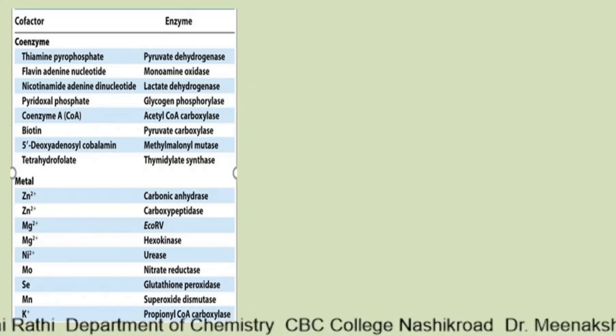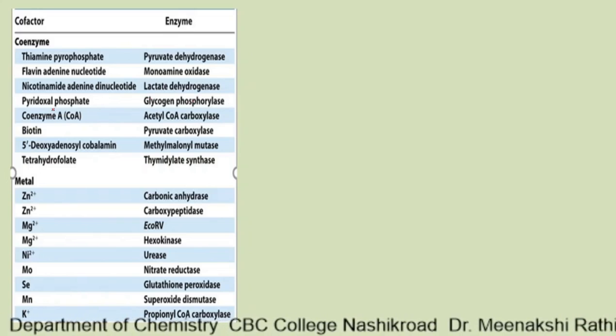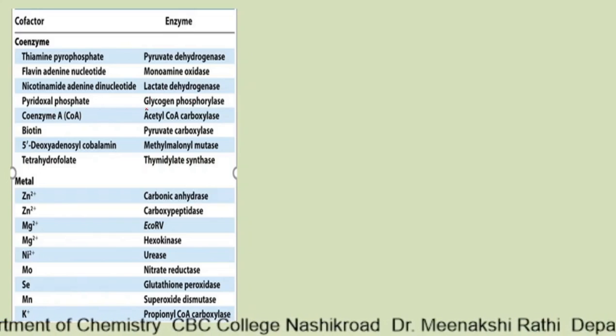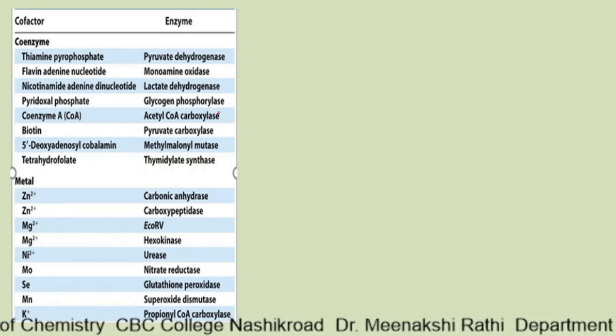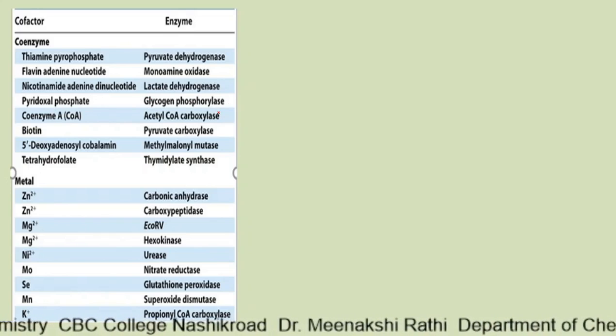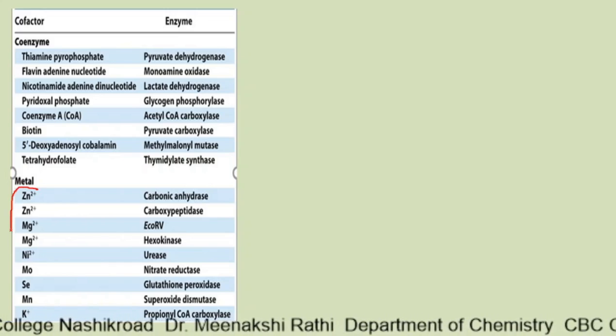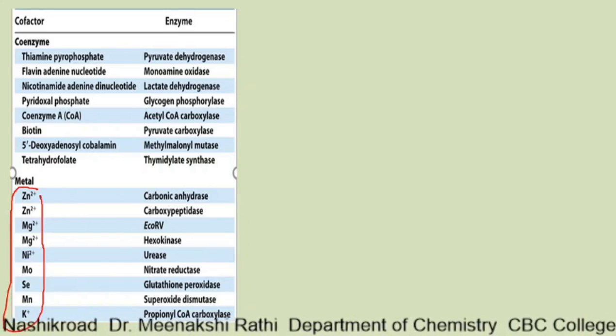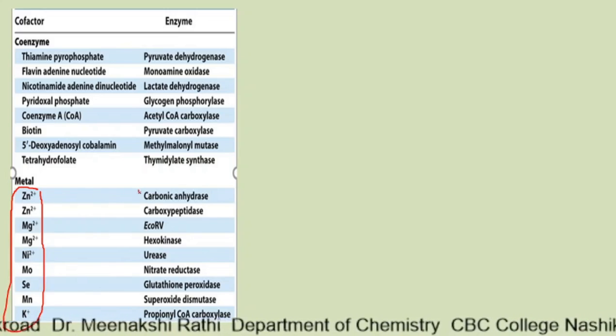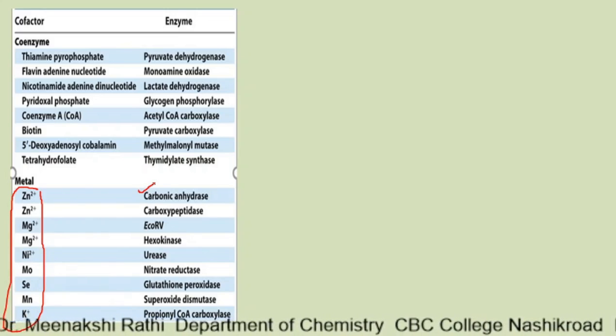NAD helps lactate dehydrogenase. Pyridoxal phosphate helps glycogen phosphorylase, and so on. While these metal ions are the cofactors, they help these enzymes for their action.